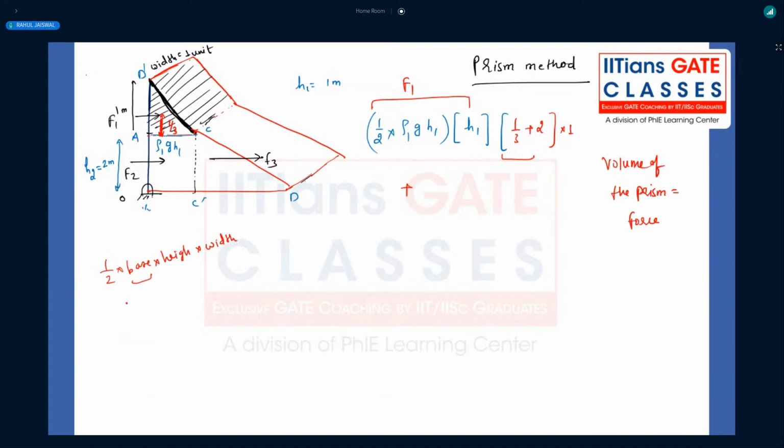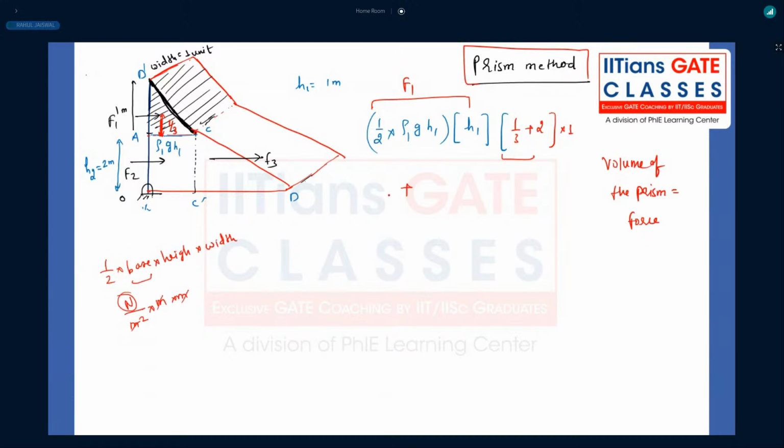So base is the pressure value, that is Newton per meter square. Height is meter. Width is meter. This will cancel out. So what is the unit of volume of the prism? Newton only. Don't think meter cube, right? We are calculating in terms of pressure value, and that pressure value we are converting into volume of the prism. That's why I mentioned that prism method, right?